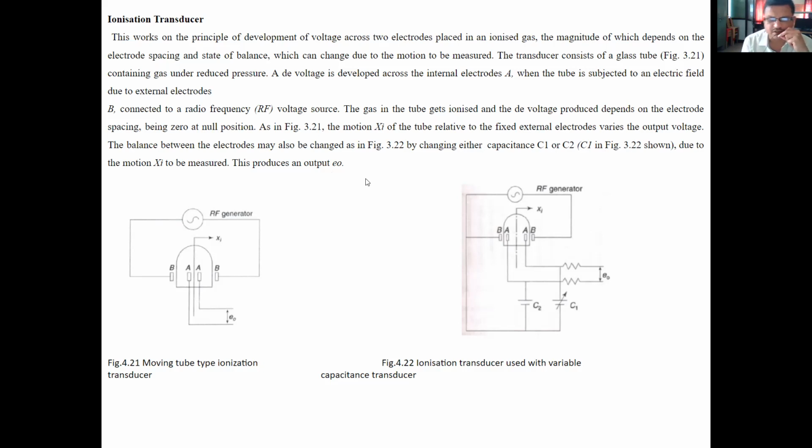This produces an output voltage E naught. See that this is the gas chamber. Here gas is filled, these two electrodes are there, and a gap is kept. Therefore, what will happen when this voltage is supplied? There will be movement of these two electrodes either towards right or towards left.